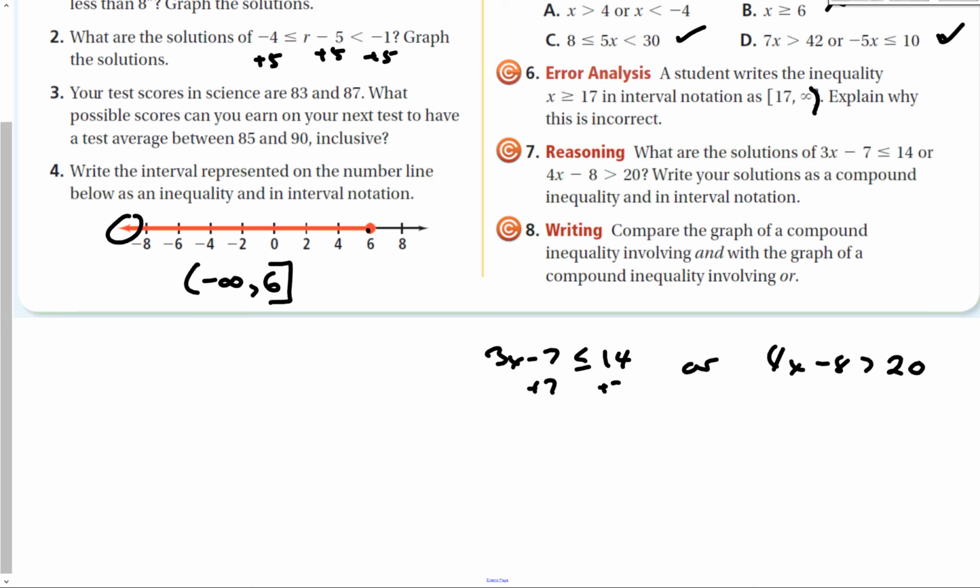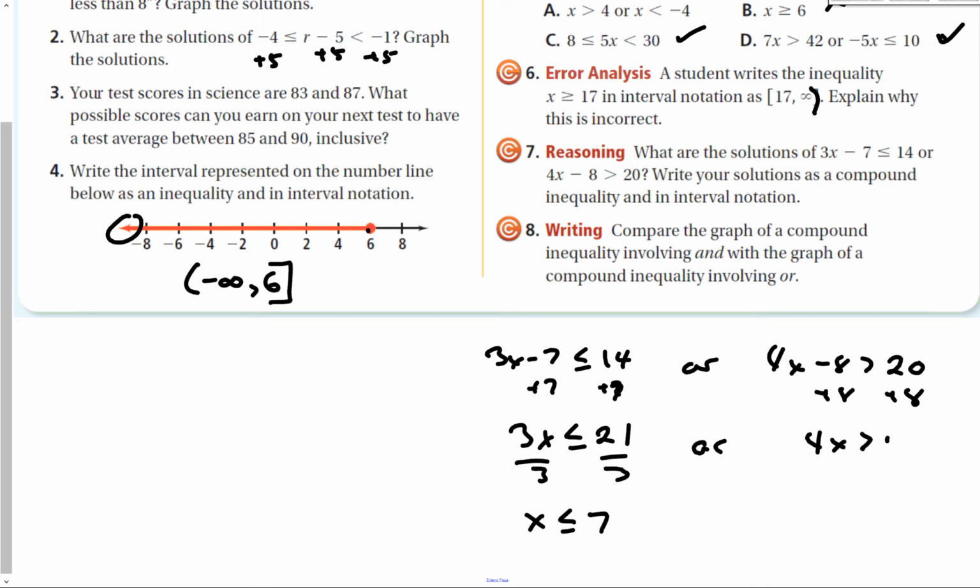Add 7 to both sides, so 3x is less than or equal to 21. Divide by 3. x is less than or equal to 7. Or add 8 to both sides, so 4x is greater than 28.